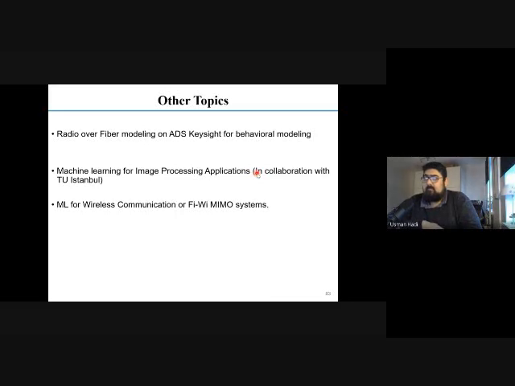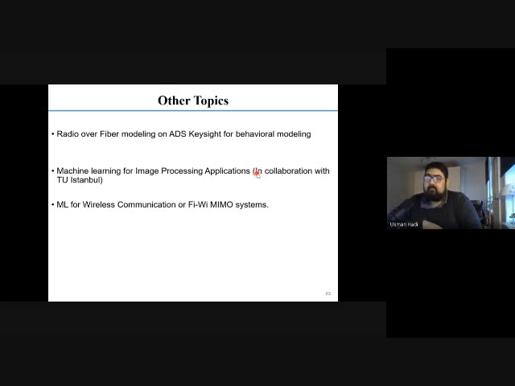Then we recently have a collaboration with the Technical University of Istanbul, where they want us to do image processing of pictures of some animals, to learn the classification of some particular diseases. So there's a machine learning project for image processing.